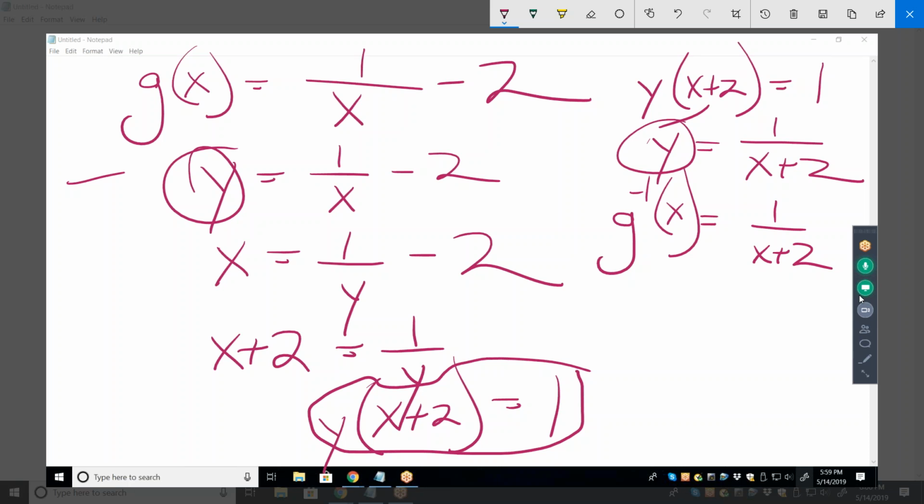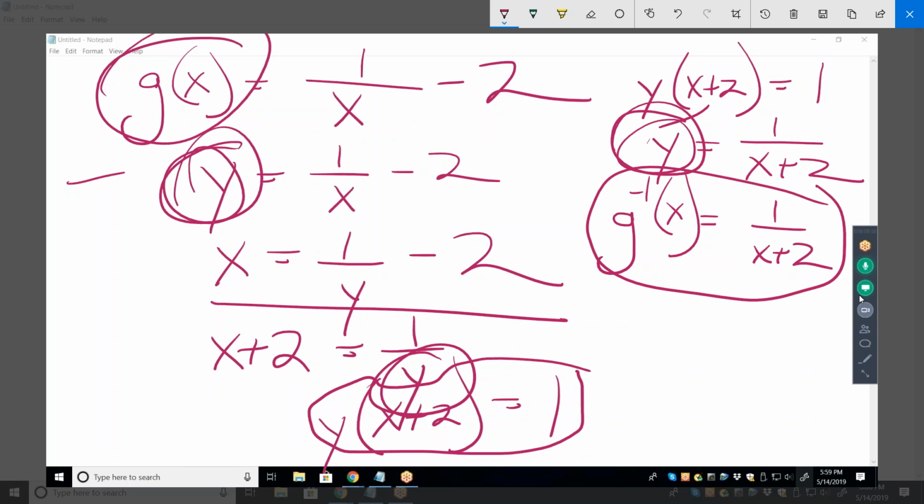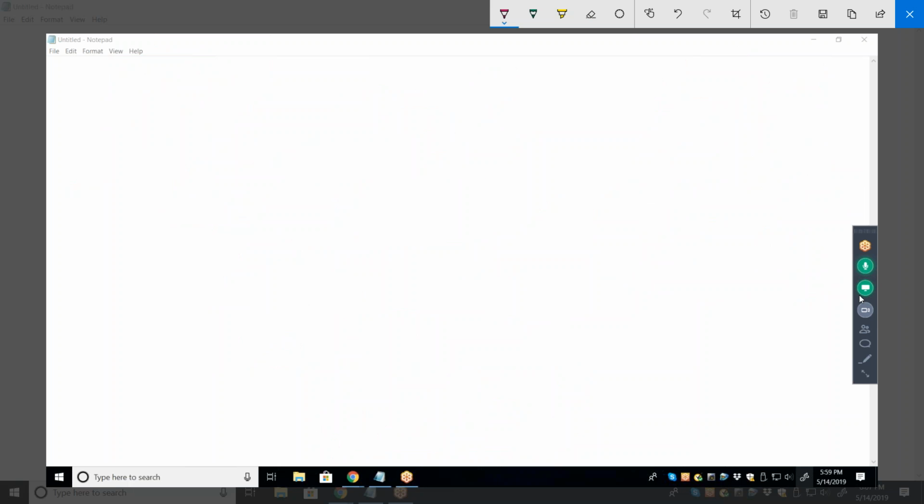There's really 4 steps: replace the g of x with y, switch the variables, solve for y, and then take your last y and turn it into g inverse of x. Obviously, y can't be equal to 1 over x plus 2 at the same time as being equal to that. So it has to be the inverse function. Keep going. We'll get to a log problem here at some point.